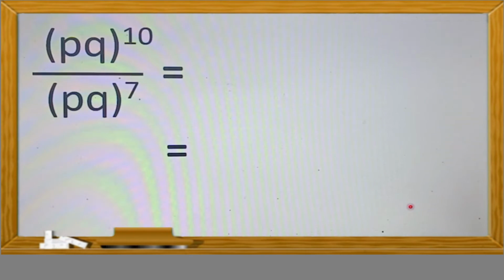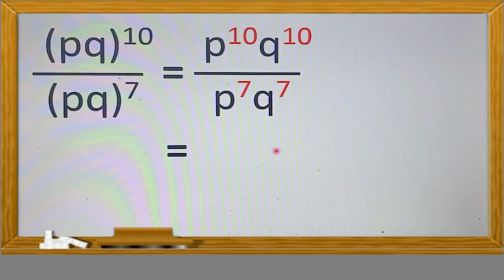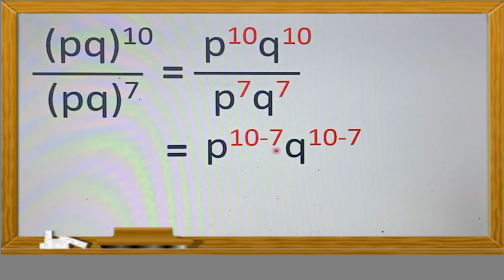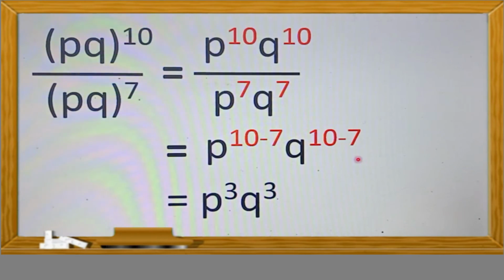Another: p q raised to 10 over p q raised to 7 is equal to p raised to 10, q raised to 10 over p raised to 7, q raised to 7, which is equal to p raised to 10 minus 7, q raised to 10 minus 7. 10 minus 7 is equal to 3. So we have p raised to 3, q raised to 3.